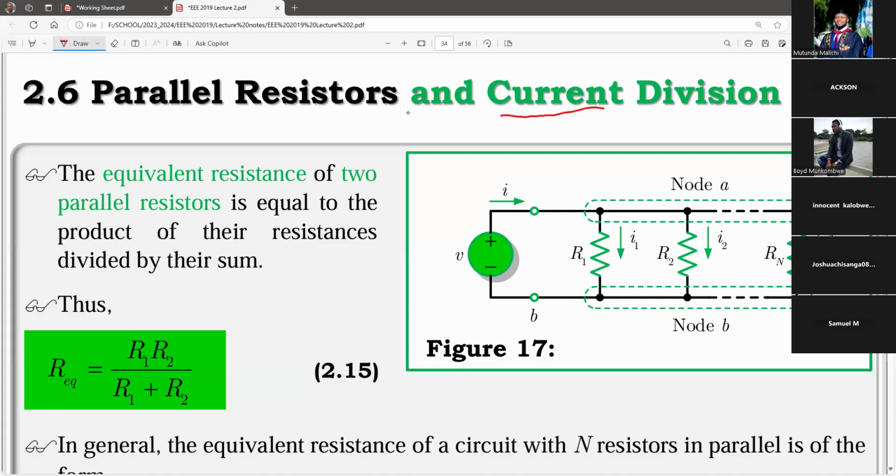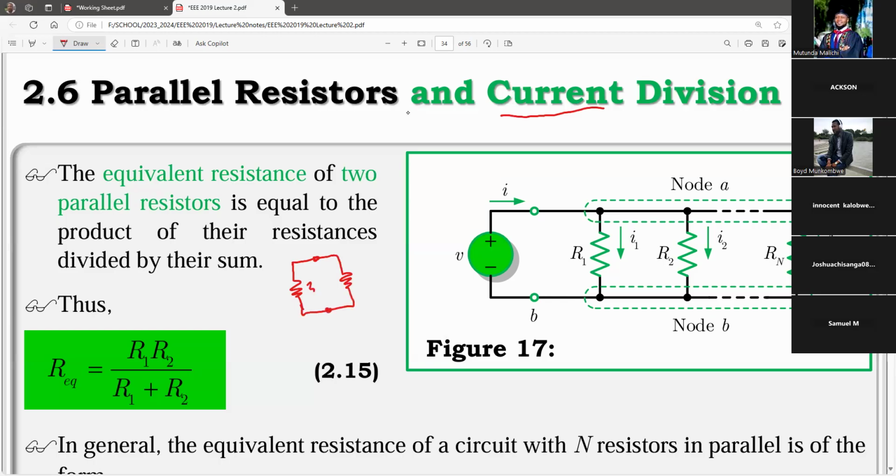But for you to do that, you need again to know how to get the equivalent resistance, because you need it. So the equivalent resistance of two resistors. Let's assume there are just two resistors in parallel. This one connected in parallel to this resistor.